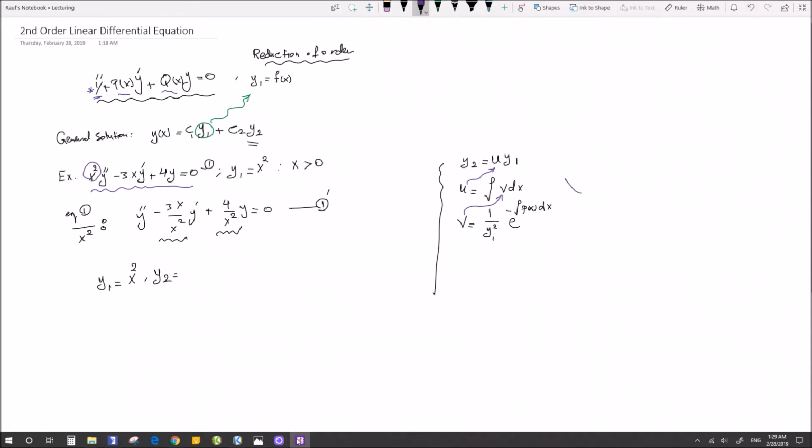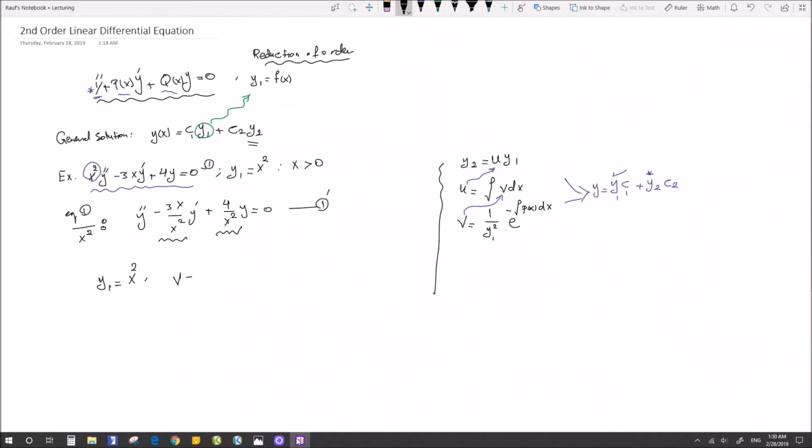So from all of these equations we can find that y equals c1 y1 plus c2 y2. We have y1, and we are finding y2 in order to find the general form solution of this equation. So you want to start with v.